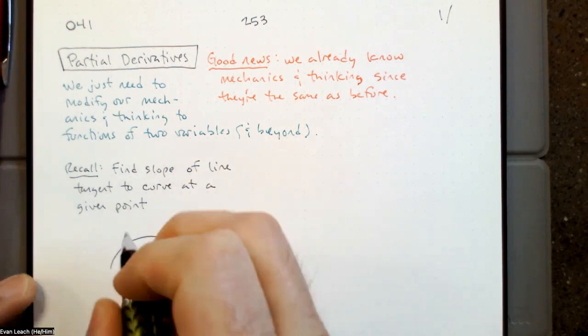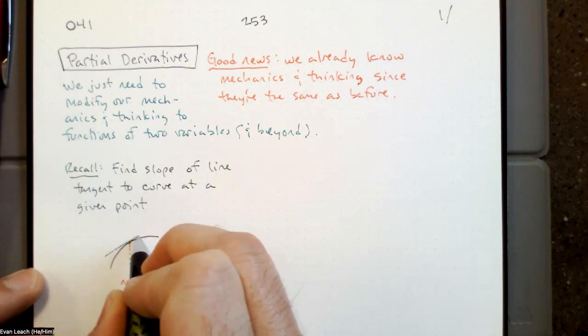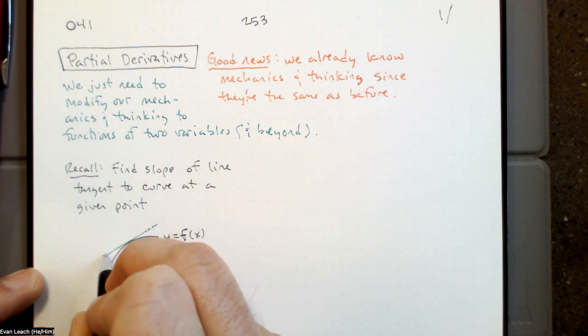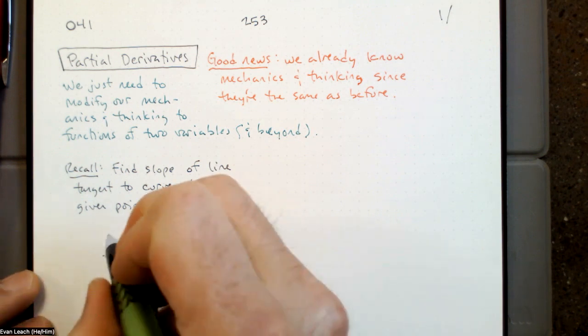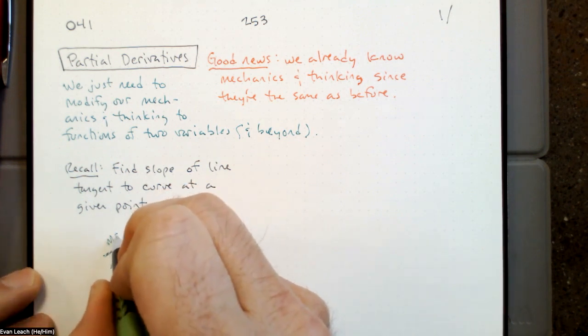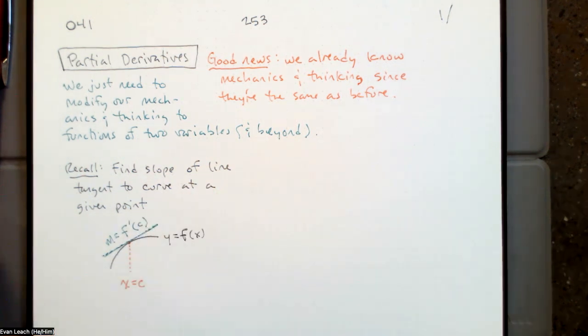And then we had some tangent line. And the thing that we know is that the slope of that line is the derivative of the function evaluated at the point. So the slope is f prime evaluated at c.